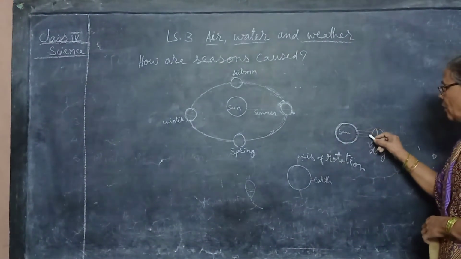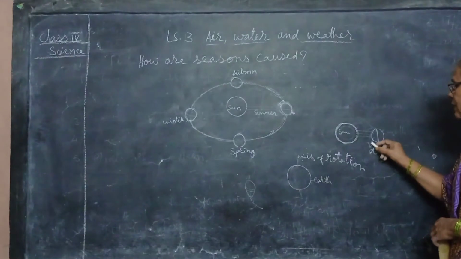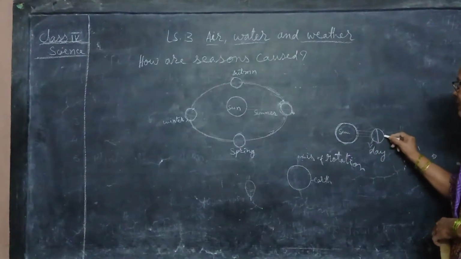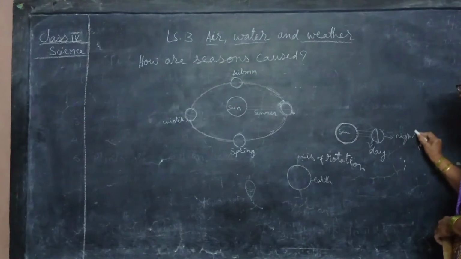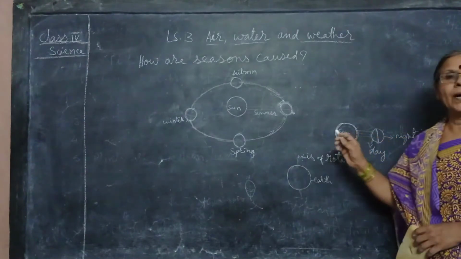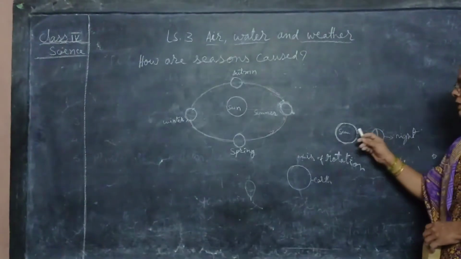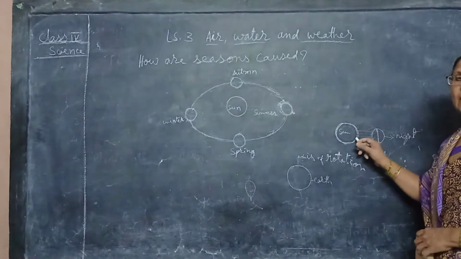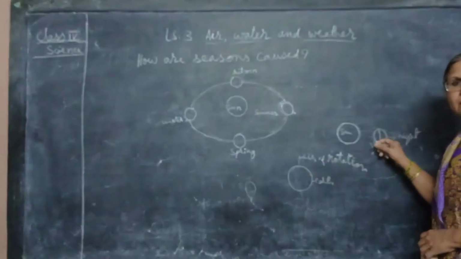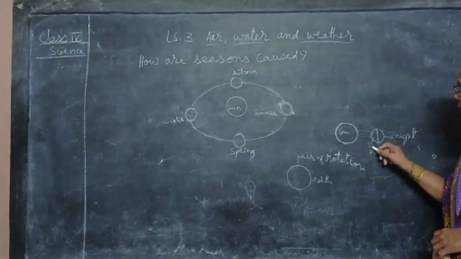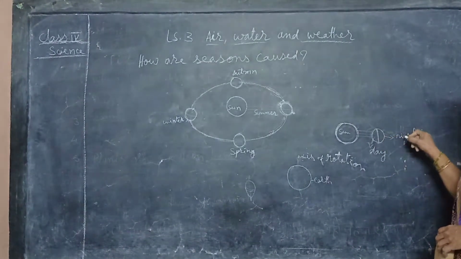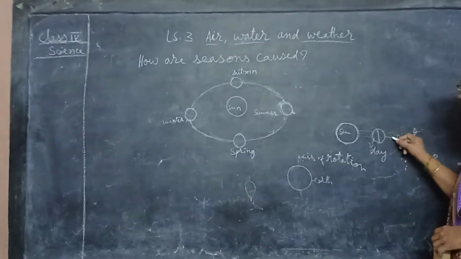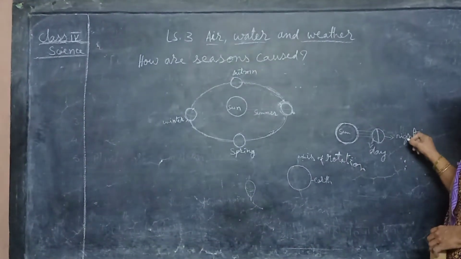The sun rays are falling directly on this part. So this part is day and this dark part is called night. So whichever place comes in front of the sun, that part is day, and whichever part is away from the sun, means the back of the earth, is called the night time.